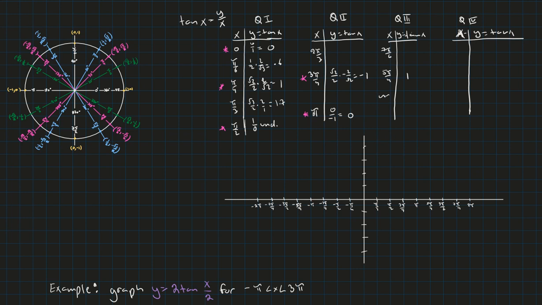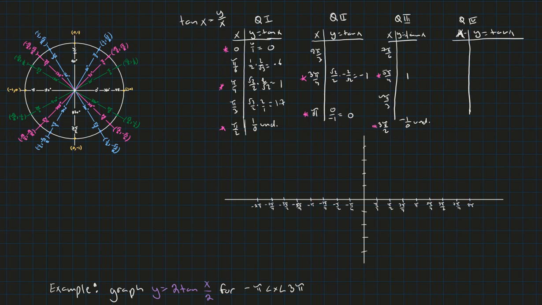Again, it doesn't fall in the third quadrant, but I am interested in 3 pi over 2. Well, 3 pi over 2 is negative 1 over 0, which again is undefined. So again, 2 good things came out of this area.